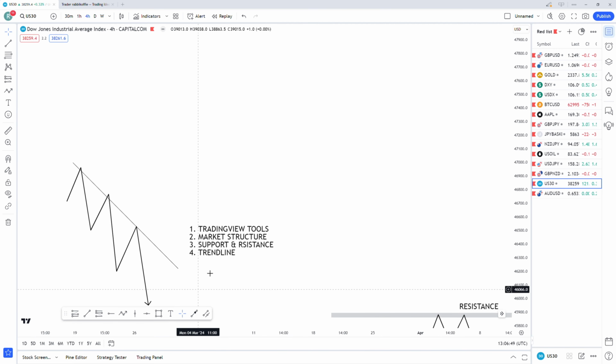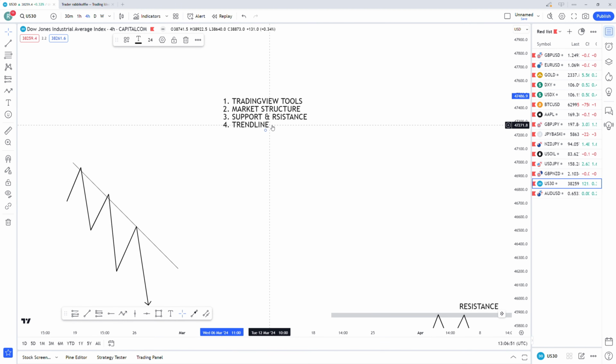Okay, so now I'm going to show you how to use support and resistance as a confluence. Okay, that's day 5. We learned how to use support and resistance as confluence, guys.